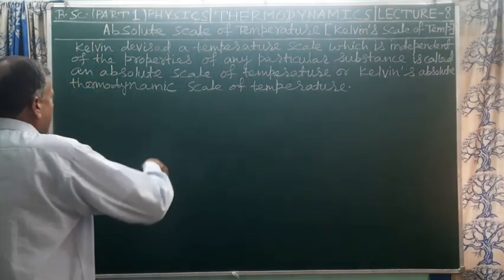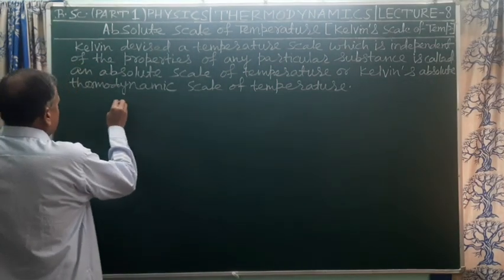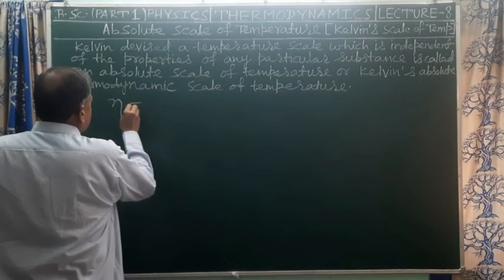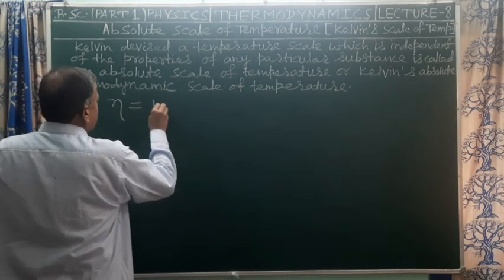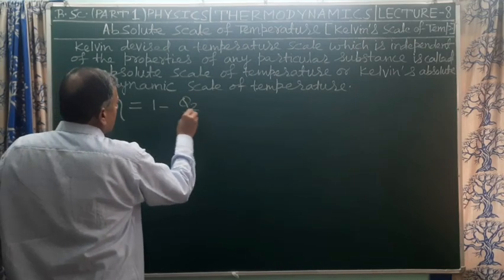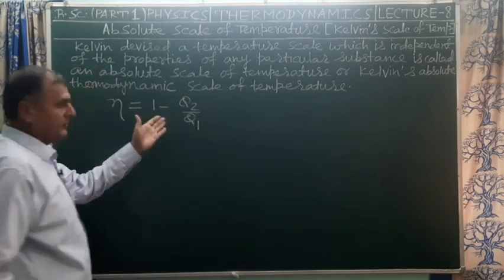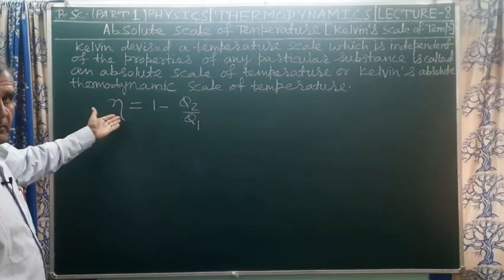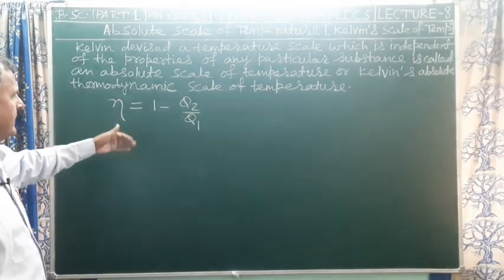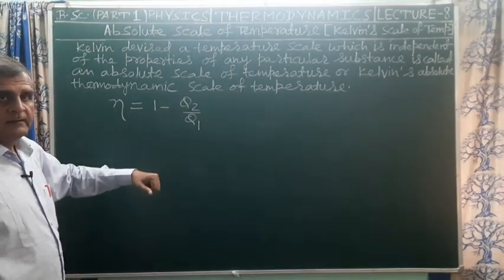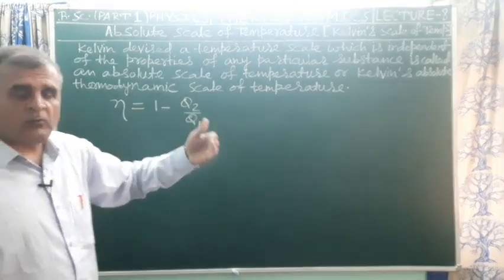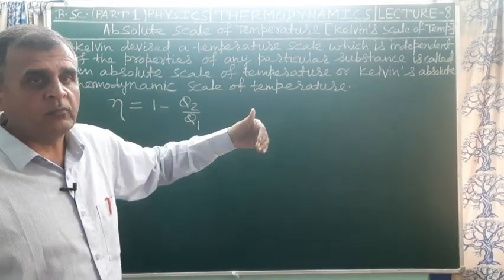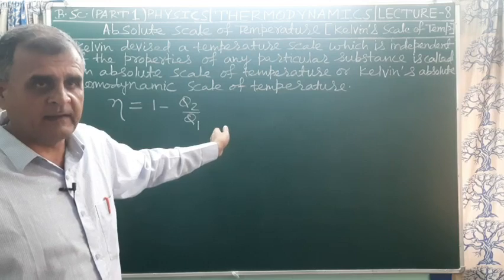So we can write the efficiency of that reversible heat engine, symbol eta, as eta equals 1 minus Q2 upon Q1. It is the formula of efficiency of a reversible heat engine. Q1 is the amount of heat taken by the working substance or gas of the heat engine from the heat source at temperature θ1.